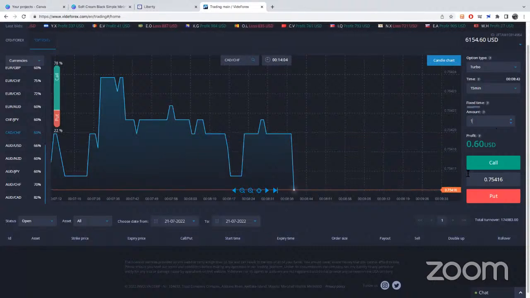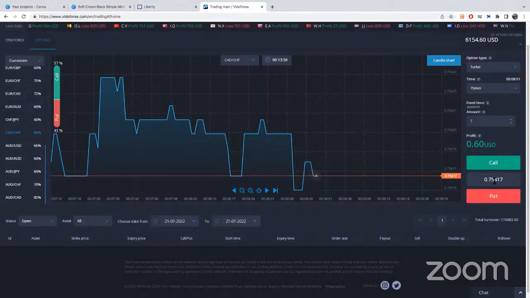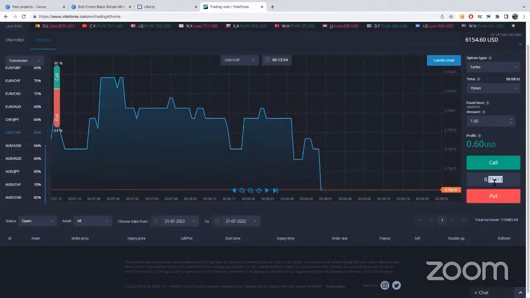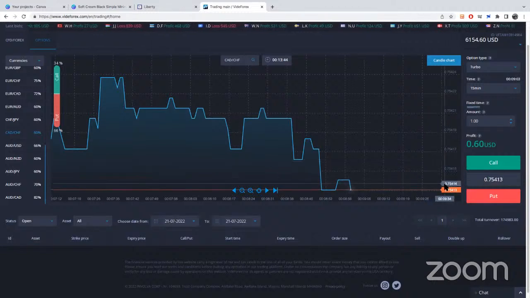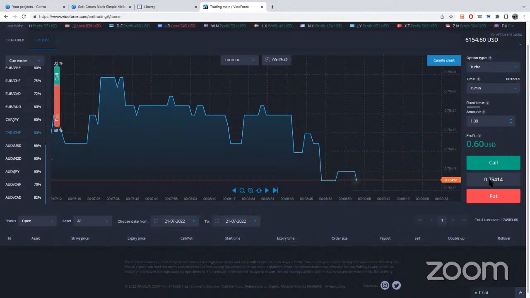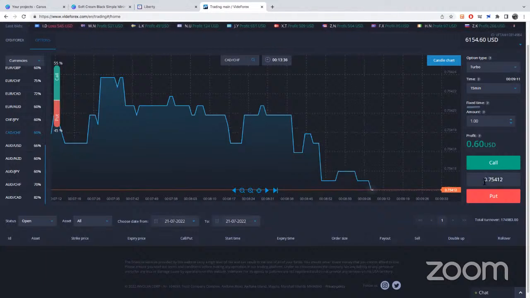Now, if you look back on Swipe Option, what you're going to see is they did tell us that the entry zone is 0.75542. And right now, my trade is at 0.75413. So this number is not matching, right? All I have to do is wait for this number right here to match what has been given to me on Swipe Option.